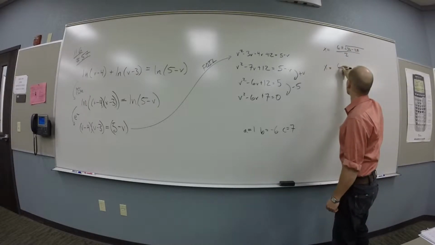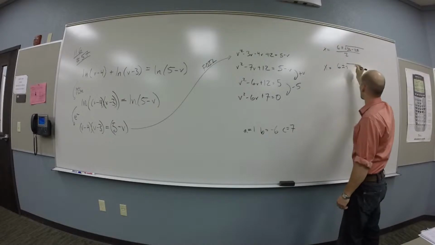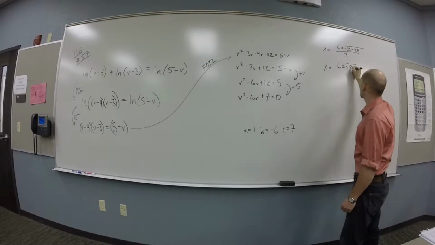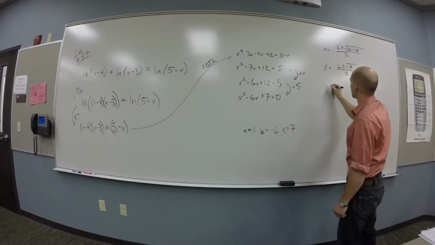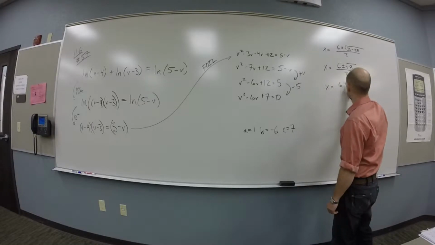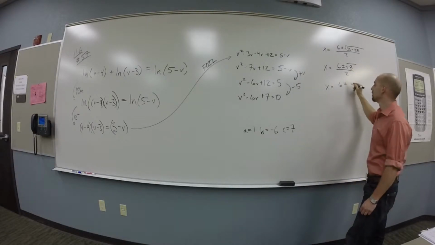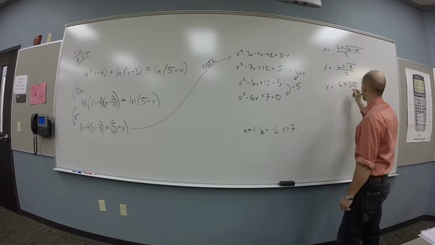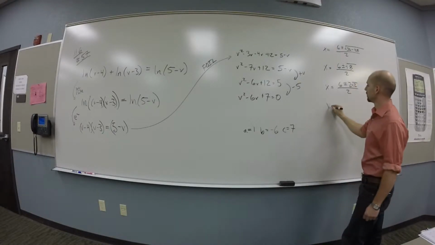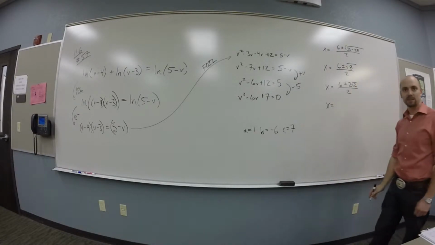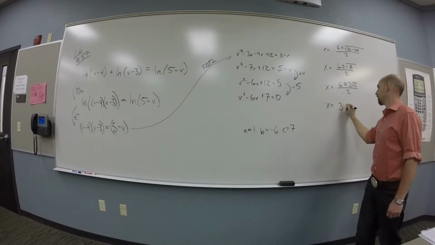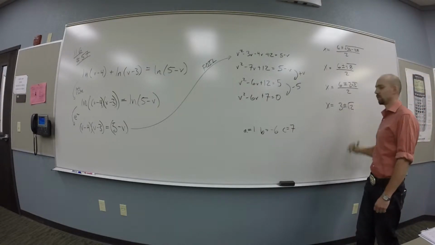So x is 6 plus or minus the square root of 8 over 2. So x is 6 plus or minus 2 root 2 over 2. So x is 3 plus or minus root 2.